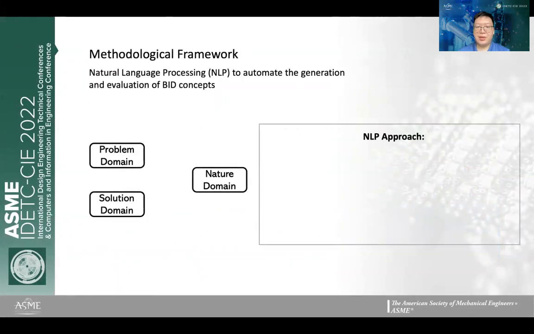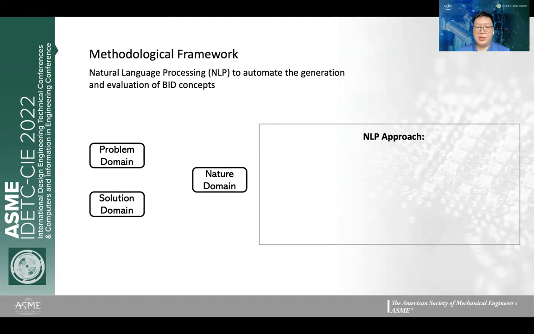Three domains have been identified in bio-inspired design literatures: problem domain, nature domain, and solution domain. The transition among the three domains have been proven challenging. Here, we introduce our framework of generative bio-inspired design with natural language processing approach.